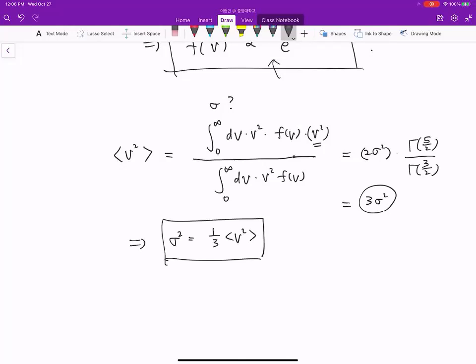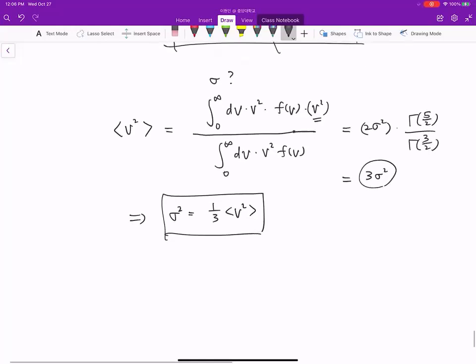So if you measure the velocity dispersion, then you can determine sigma in this case. Because there's the factor 3, we are in 3 dimensions. If we are in 1 dimension, we don't have a 3.